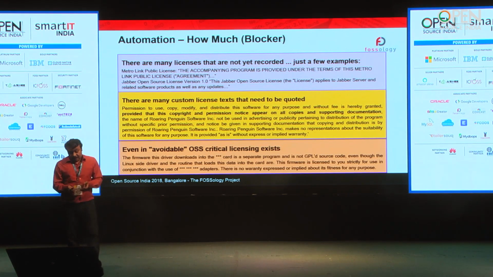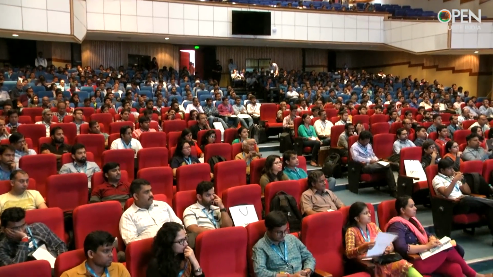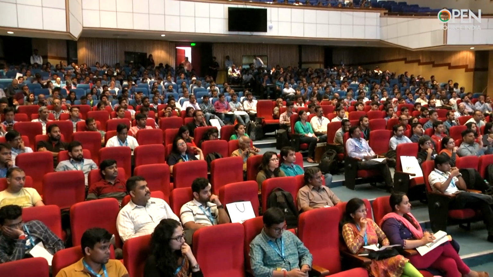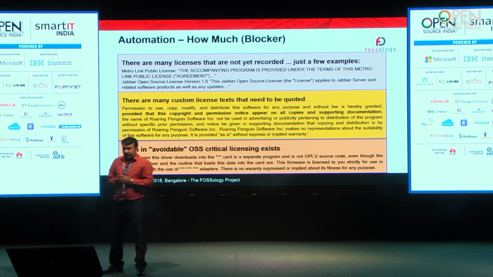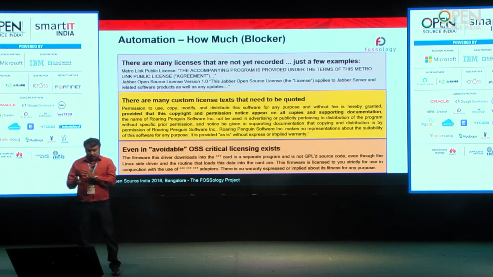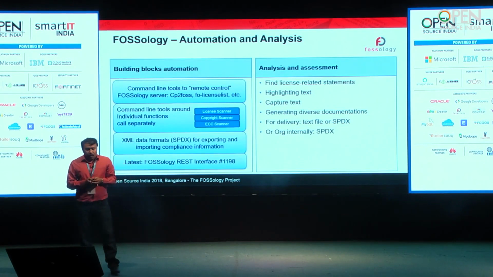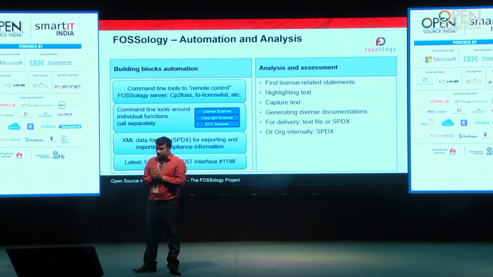And then: the firmware is licensed to you strictly for use in conjunction with the use of some adapter. So these are really blocking places where you can't do complete automation of this job.